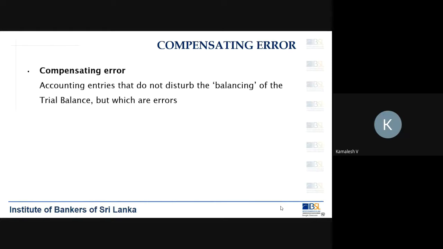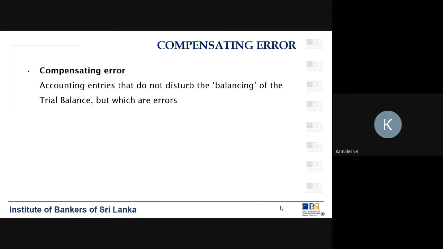Compensating errors are accounting entries that do not disturb the balancing of the trial balance, but which are errors. So a compensating error will not disturb the trial balance, which means the trial balance will be balanced. But what has actually happened? It has got compensated.